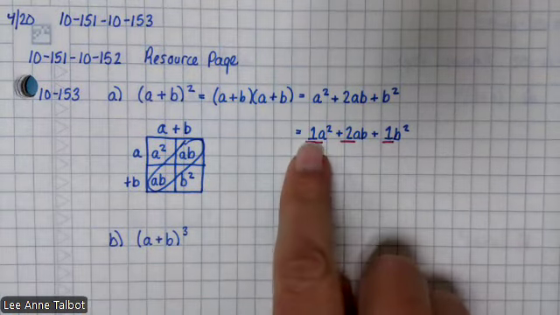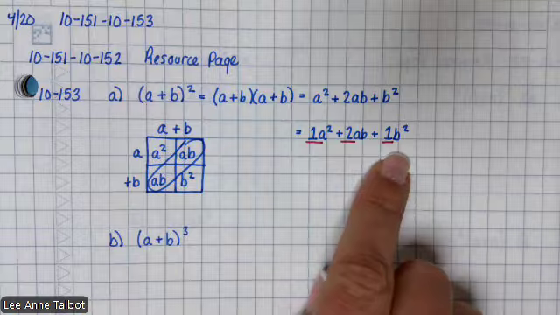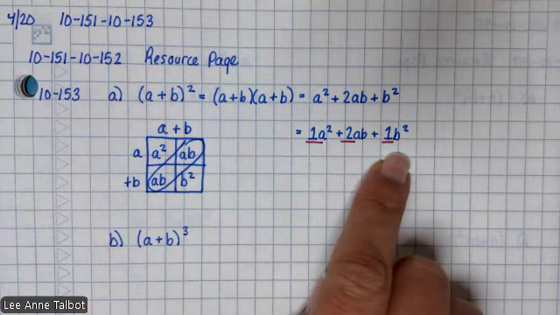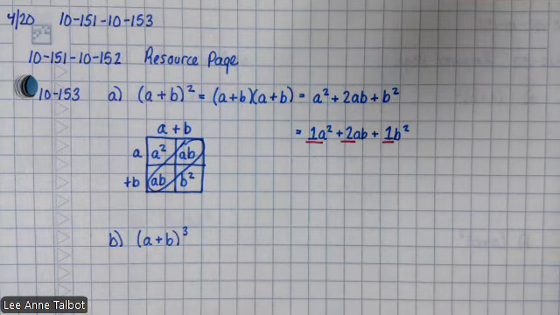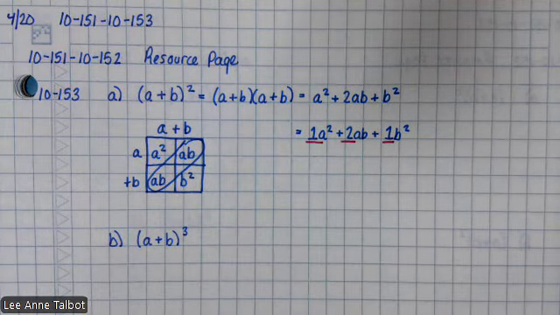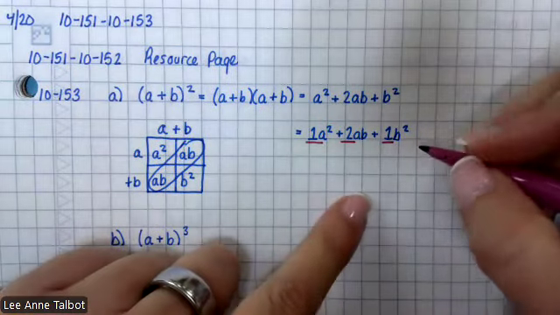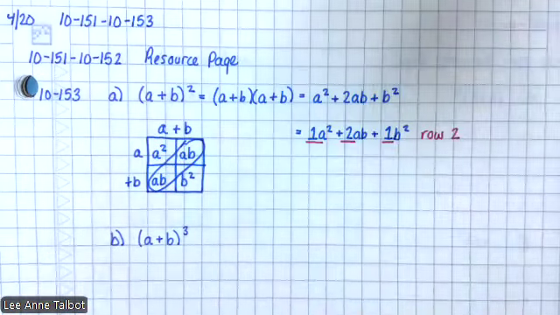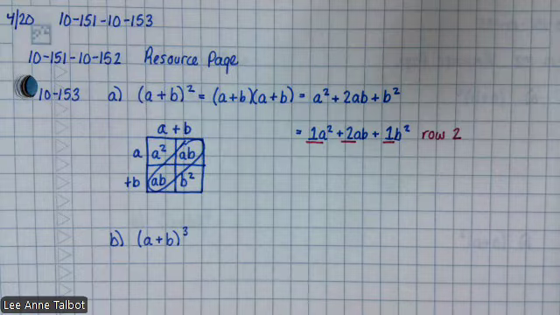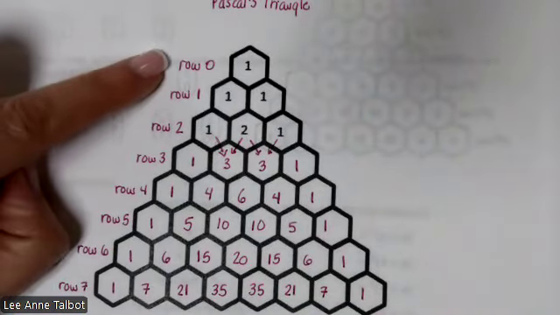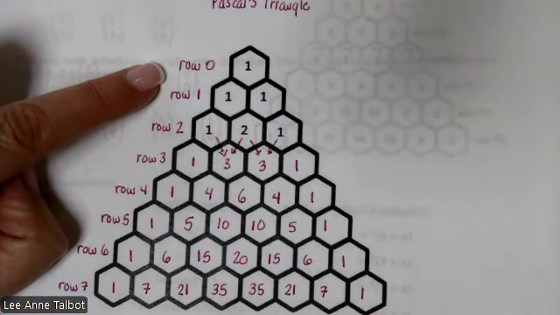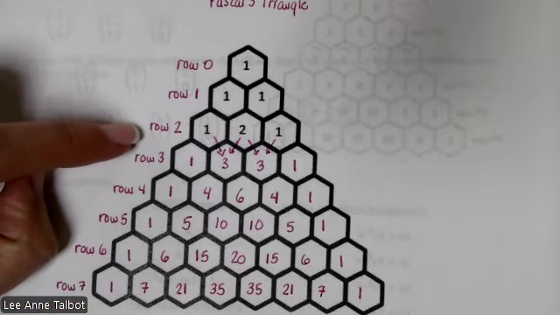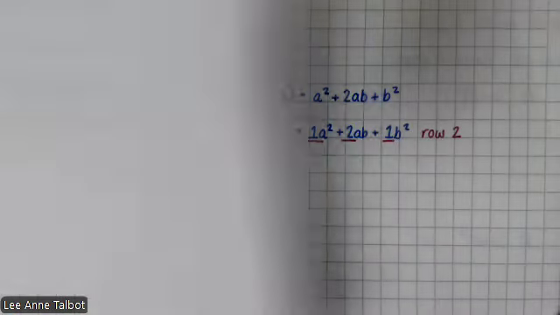Look at these numbers, 1, 2, 1, and tell me where you've seen those before. Pascal's triangle, and which row? Row 2. It is the third row, but it starts with row 0. If you labeled that, you would see that the top is row 0, and the 1, 2, 1 is on row 2.